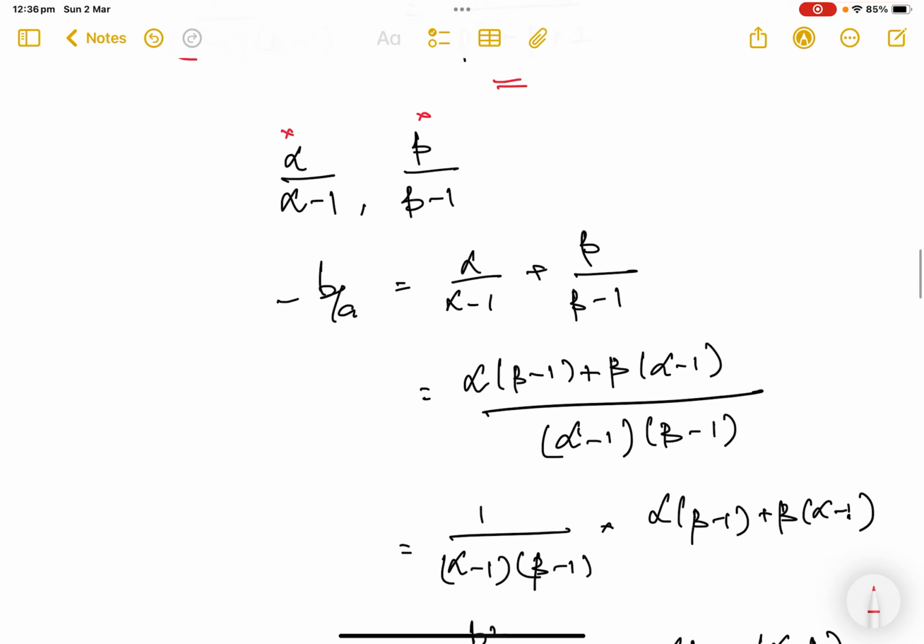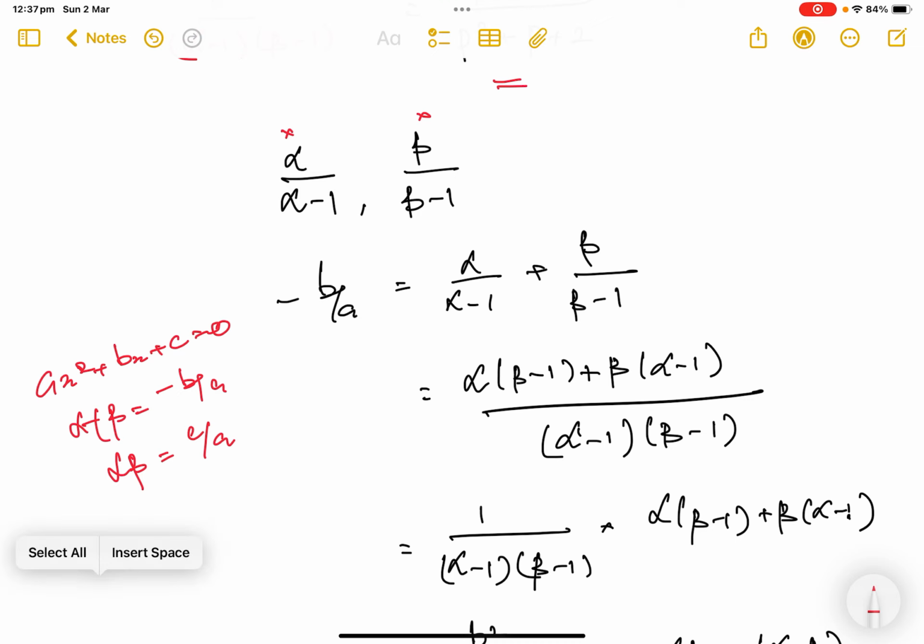For the two roots, we know that for the equation ax squared plus bx plus c equals 0, alpha plus beta equals minus b over a, alpha beta is c over a. The addition of roots is minus b over a. The multiplication of roots is c over a, just for an example.